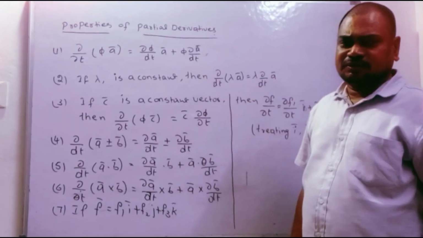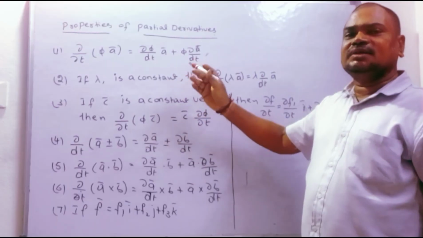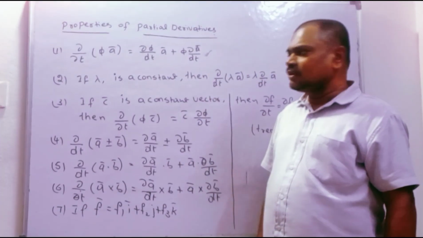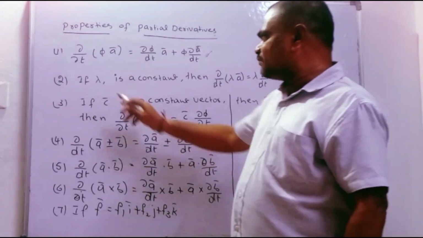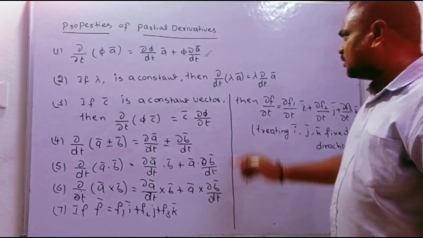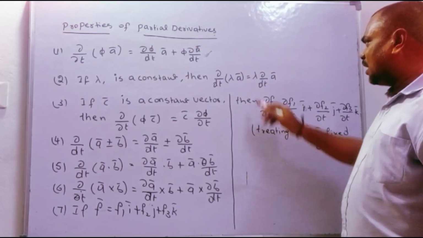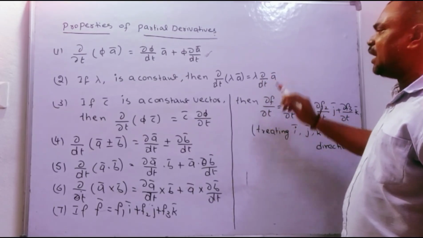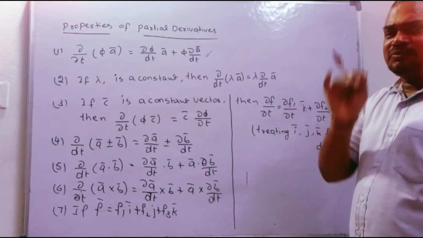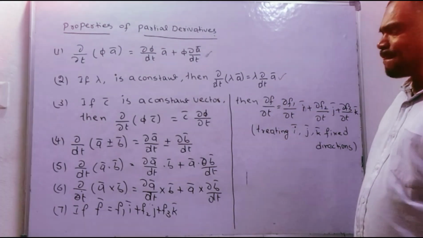Here one is a scalar function and the other is a vector function, so we can multiply like this. If lambda is a constant, then dou by dou t of lambda a bar equals lambda into dou by dou t of a bar. A bar is the vector function and lambda is only a constant. Then we can use this property.